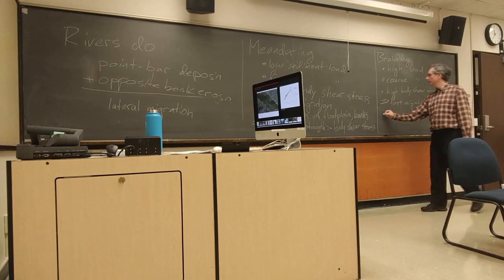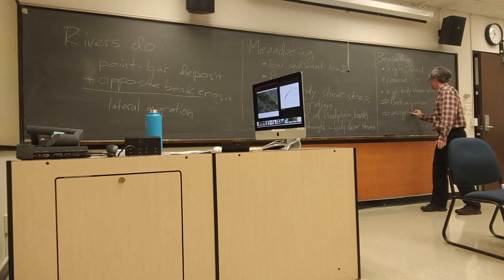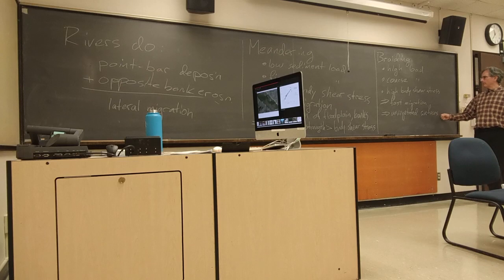And so I'm going to get unvegetated surfaces. And there may be other things other than the speed of the migration that contribute to the lack of vegetation. Maybe we're in a desert, like up in Tibet or something, and it's just hard for anything to grow at that altitude, for God's sake.